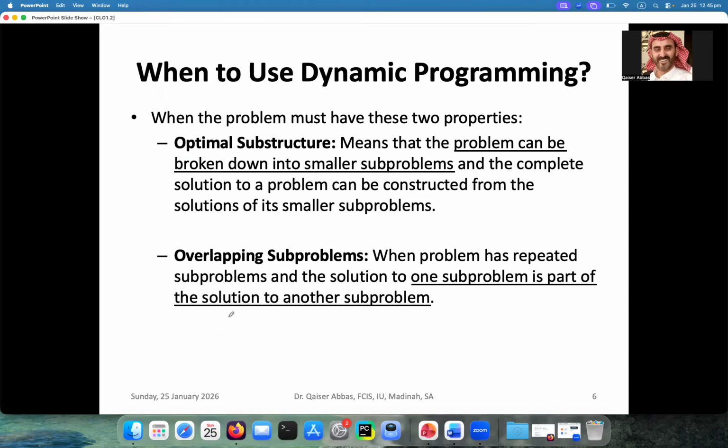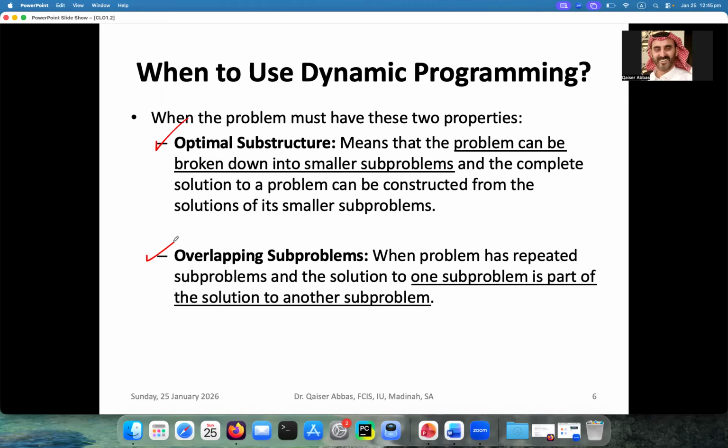Now the question is when to use dynamic programming. What are the situations when we have to use DP? The situation is when your problem has these two things, then you can use dynamic programming.